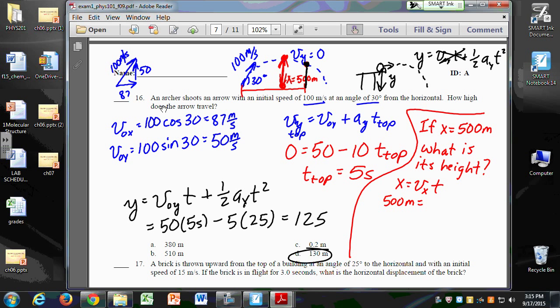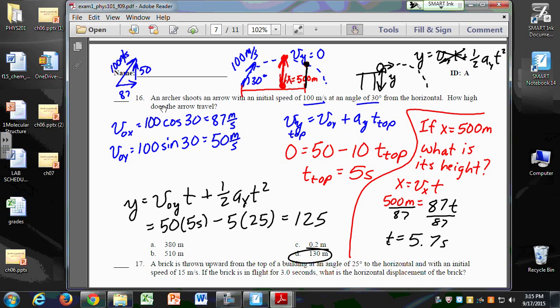So 500 meters is equal to Vx, which is 87, times t. Divide both sides by 87, and I find that t is equal to 5.7 seconds, which makes sense because this is 5 seconds, so I'm on the downside of that.